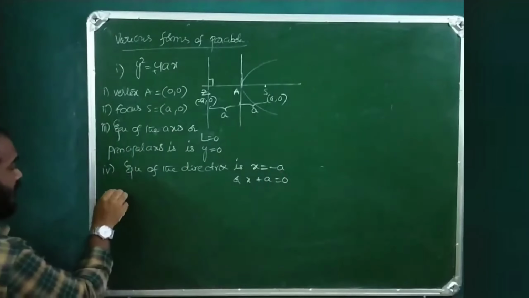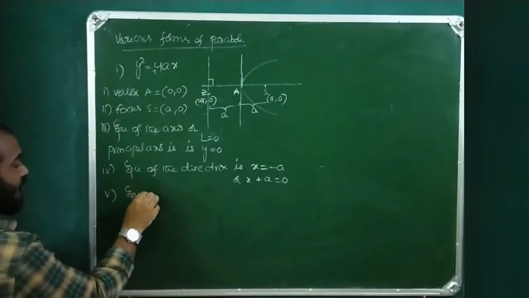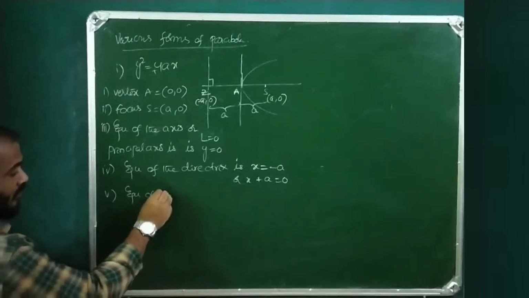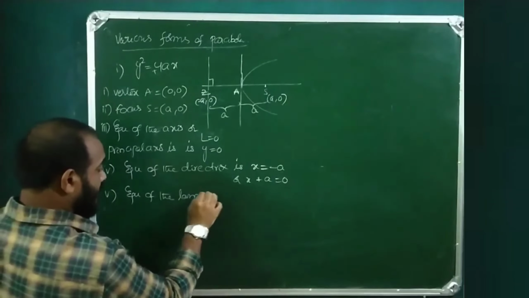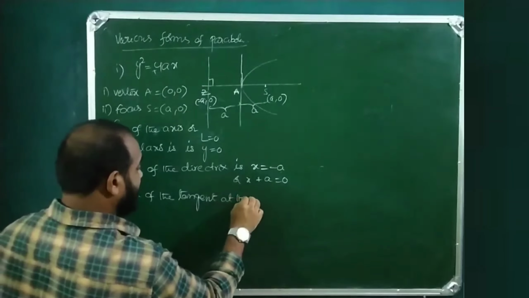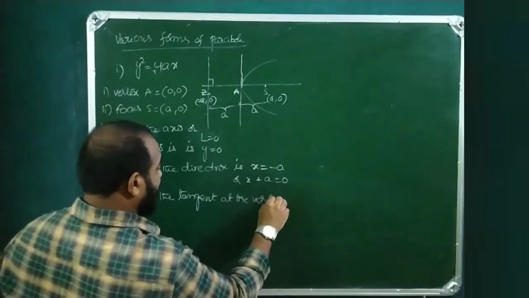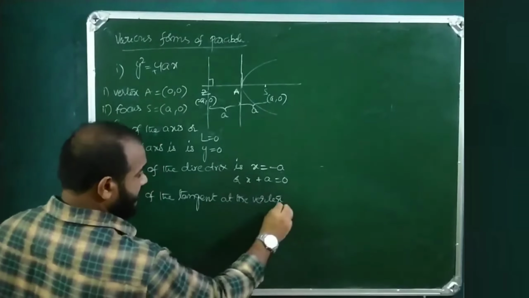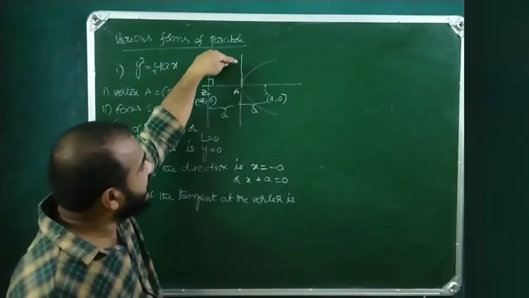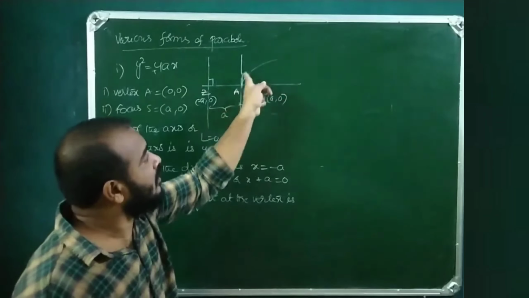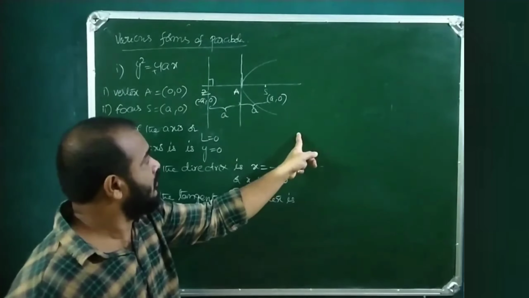And the equation of the tangent at the vertex. What is the equation of the tangent? This is the tangent to the parabola.